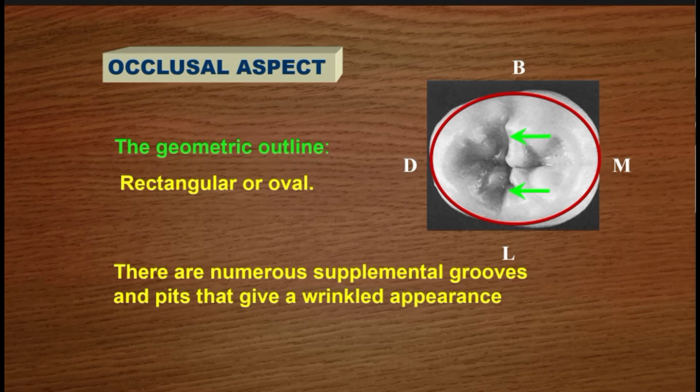If you catch your cloth in your fist, you will find multiple invaginations or folding. This is known as wrinkles. Why? Because the third molar crown tries to erupt into a free space, but there is no space, so it erupts with a very small crown surface. So the occlusal table is wrinkled.